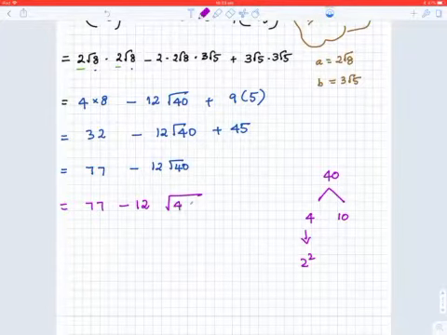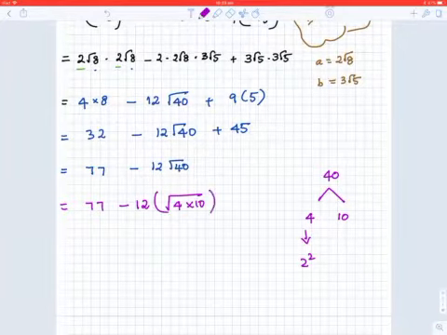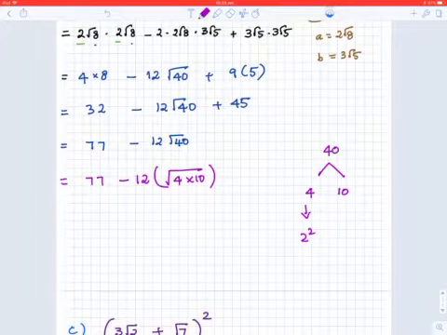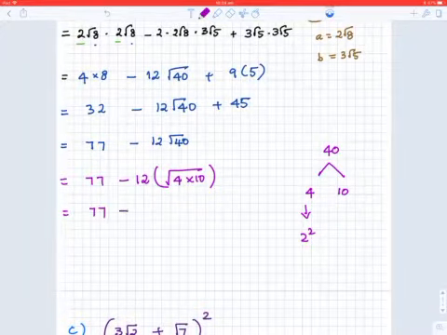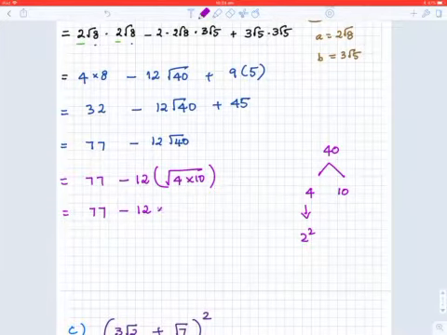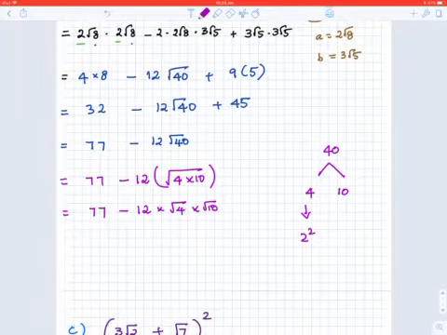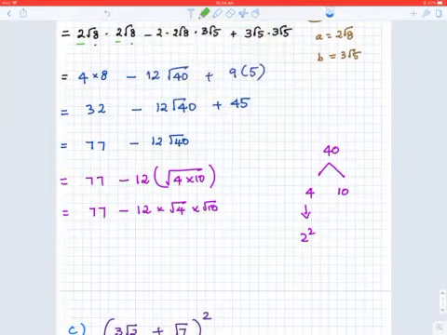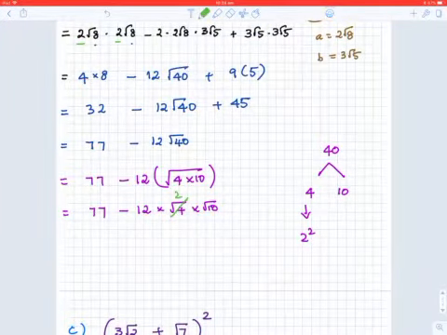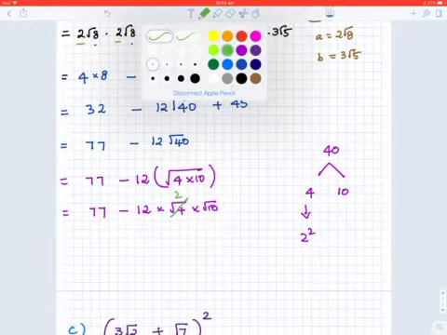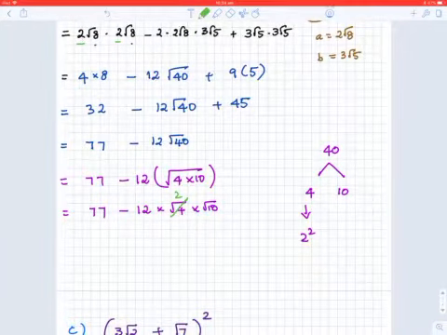So now what I'm going to do is, this take away root 40, I write it as root of 4 times 10, which is 77 minus 12 root of 4 times root of 10, and root of 4 is nothing but just 2.